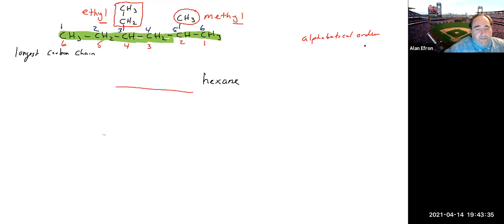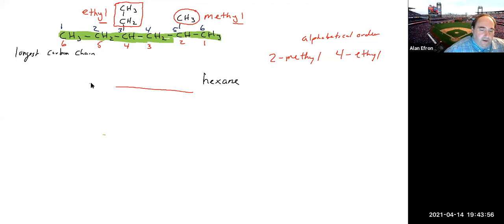So let's see if there is a difference. First off, going in the red direction, at carbon number 2, there would be a methyl group. At carbon number 4, there would be an ethyl group.